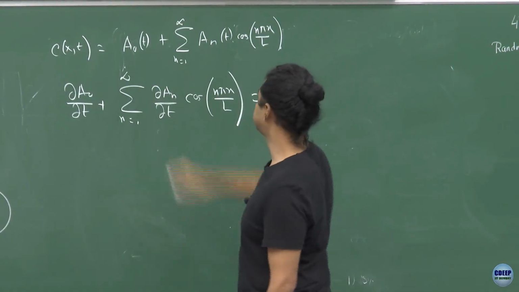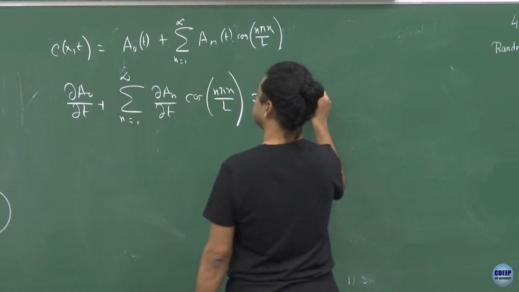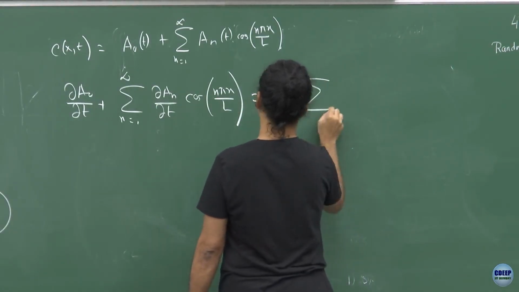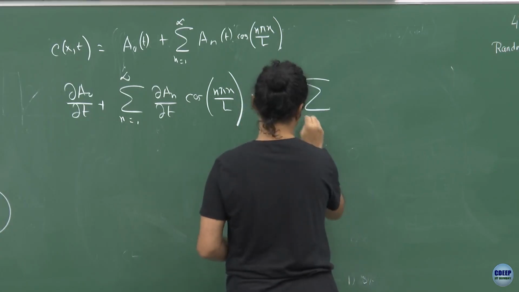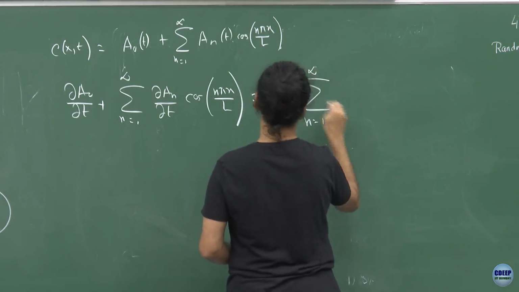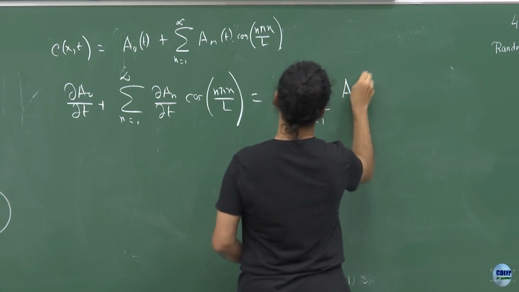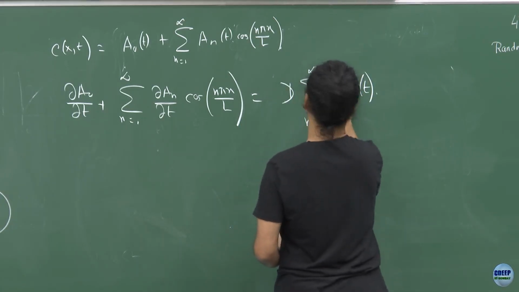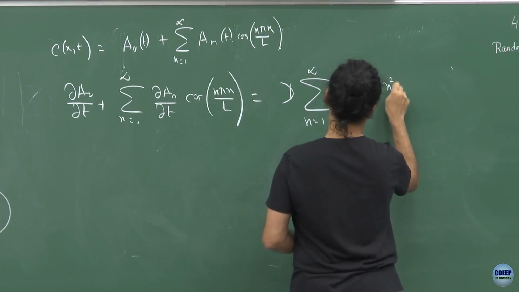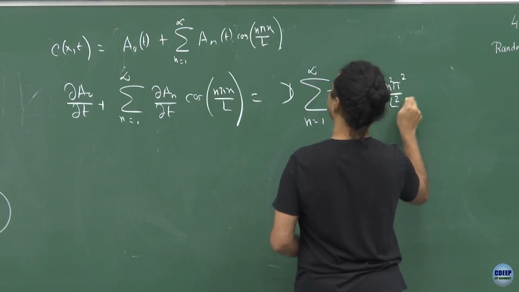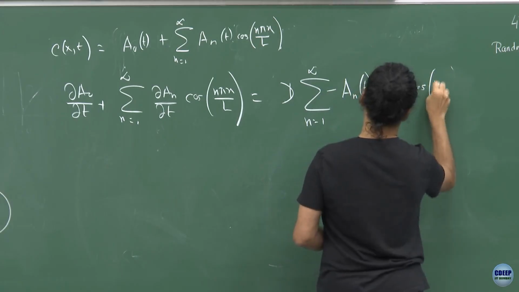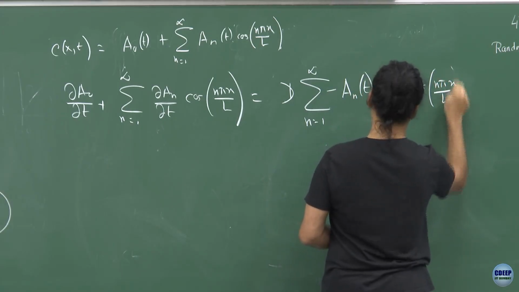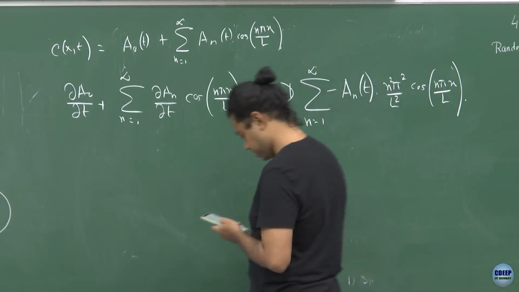This term does not contribute. So, D times sum over n equal to 1 to infinity a n of t times minus n square pi square by L square cos n pi x over L, right.